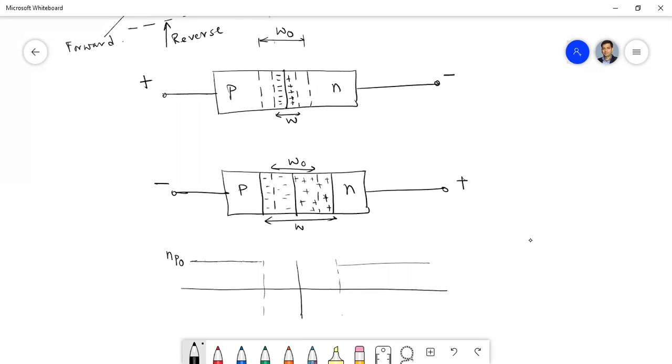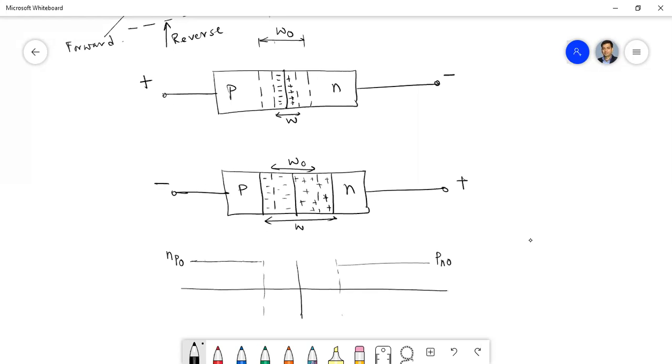So suppose this is NP0, the density of the minority carrier, and here it is Pn0. That is the level of the minority carrier in the N side.